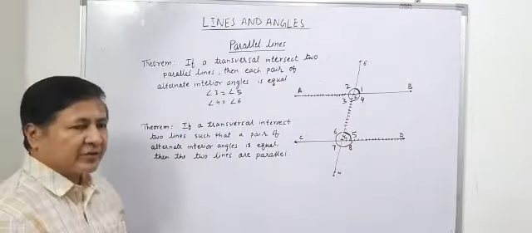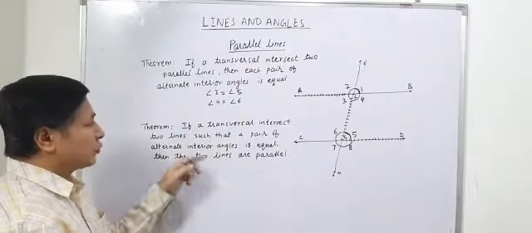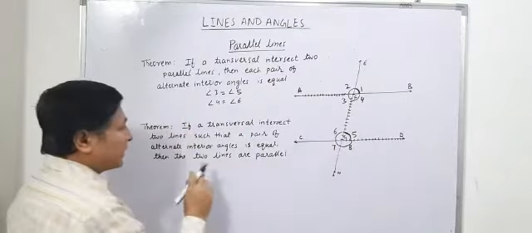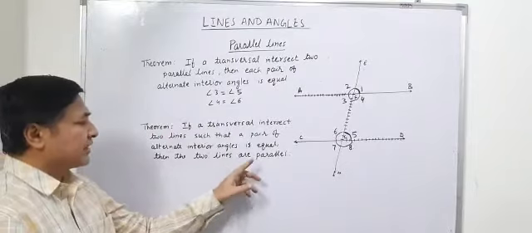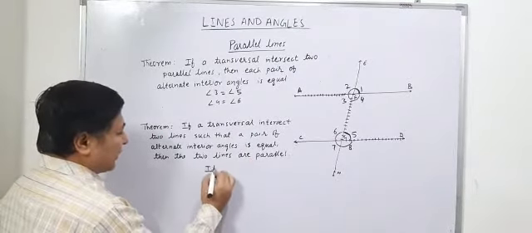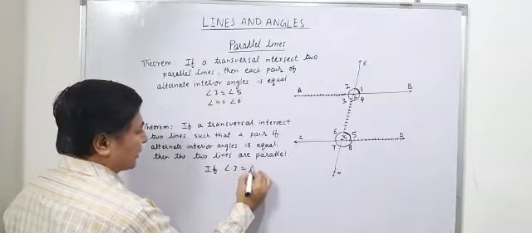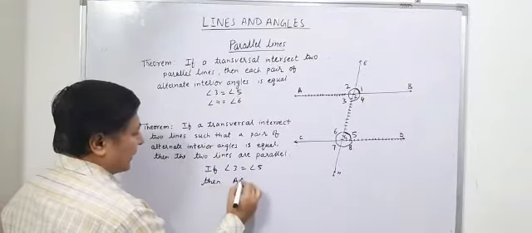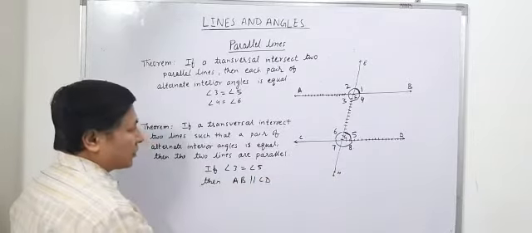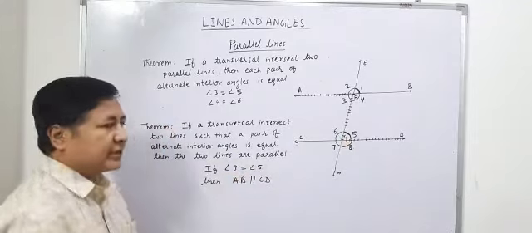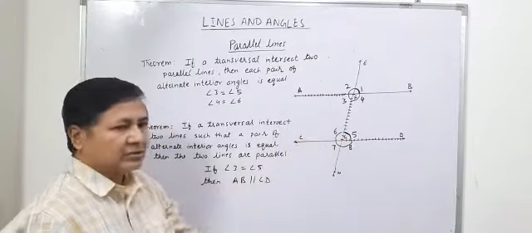Now the converse of it: if a transversal intersects two lines and a pair of alternate interior angles is equal, then the two lines are parallel. So if angle 3 is equal to angle 5, then AB will be parallel to CD, because these are alternate interior angles.